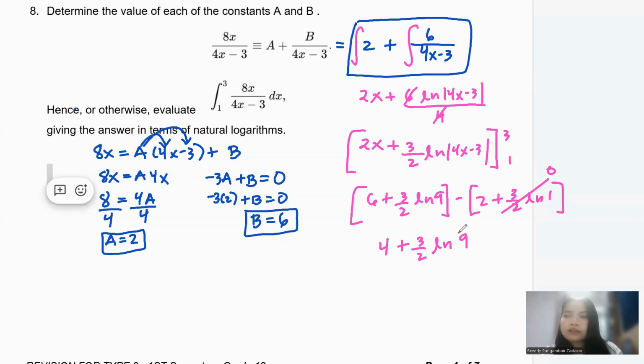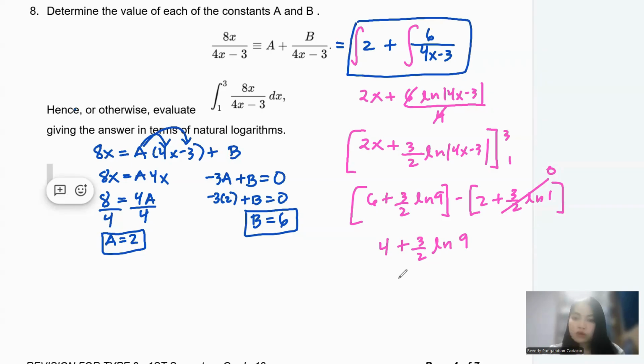But is there a format given? Actually, since there's no format given here, like for example, a constant plus ln k, this one can be acceptable. But for a proper standard answer, let's try to simplify it. You can put that in your exponent, right? So you will have 9 raised to 3/2, and when you put that in the calculator, it's basically just going to be 3 ln 3.